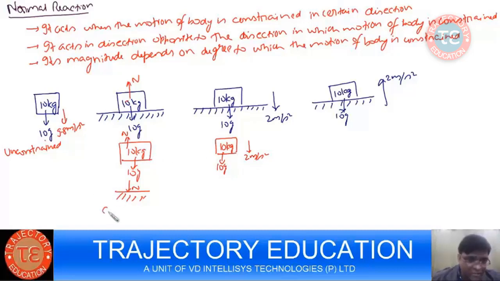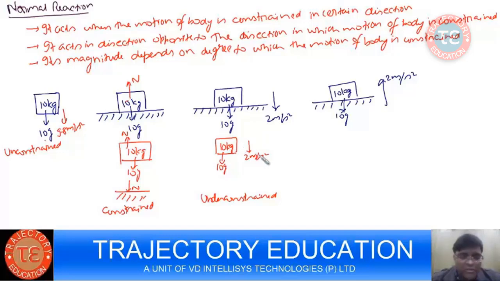If I call this as constrained, I'll call this under constraint. Constraint means what? Constraint is not free. The body is not going down with an acceleration which it could have had it been free. Had it been free, it could have moved with 9.8 meter per second square.